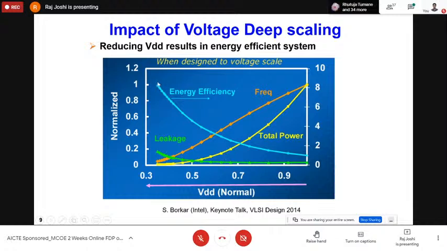Energy efficiency will also increase, but the frequency will decrease. That's okay, because for training and inference for AI we need small frequencies, not very large frequencies like processors, and you can be well below 2 gigahertz without any problem.